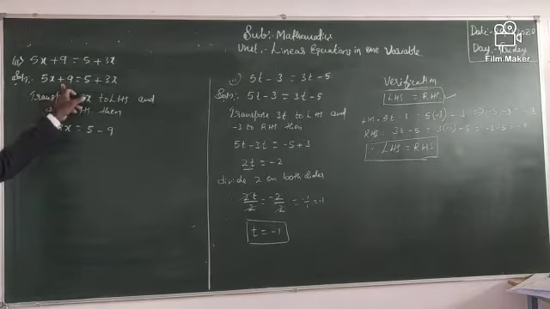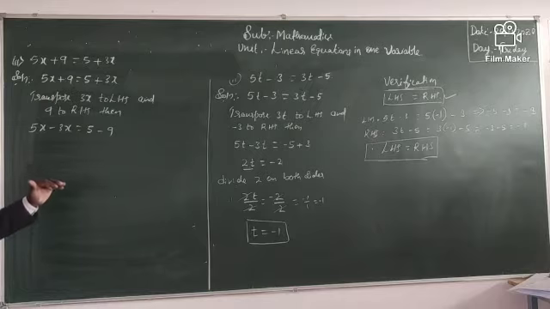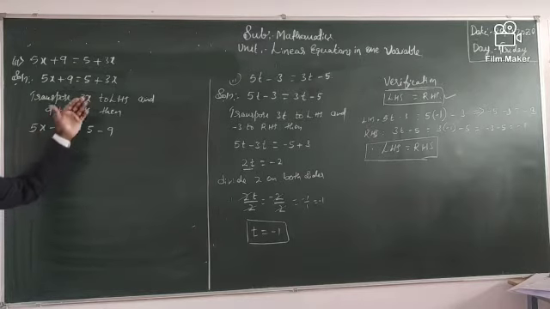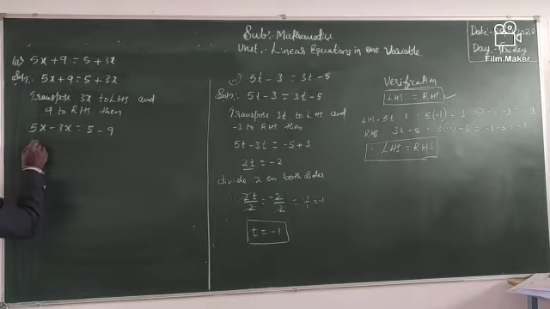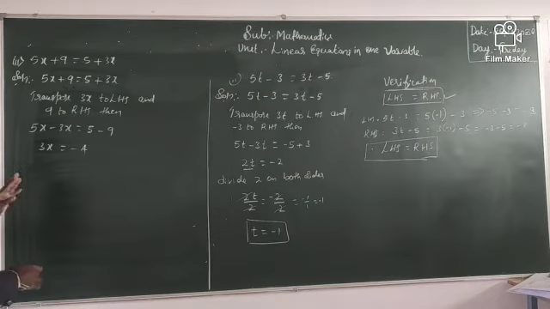When plus 9 is transposed to the right side, it will become negative. Or else negative becomes positive. Understand? 5x minus 3x equal to 5 minus 9, which is minus 4.